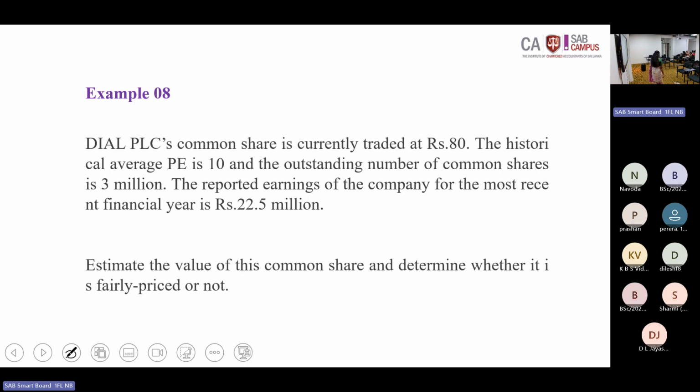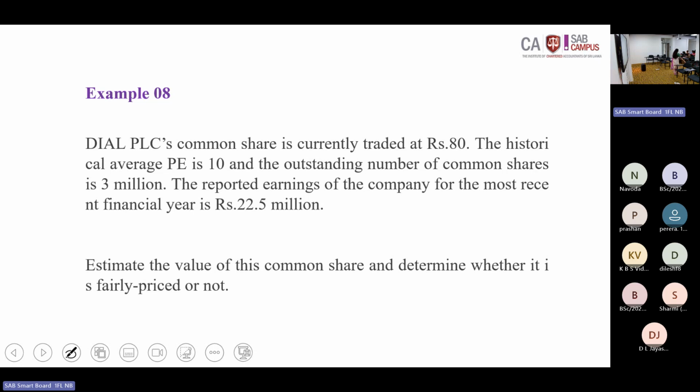Okay, try to do it first. I will give one hint. We have already calculated that, or identified that, earlier. EPS equals net profit divided by the number of shares. Okay, write it down.